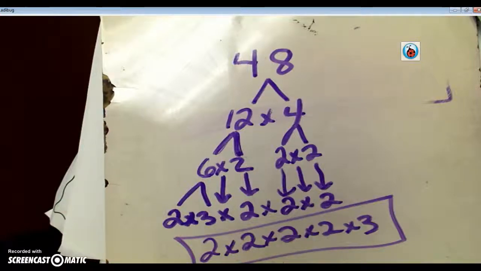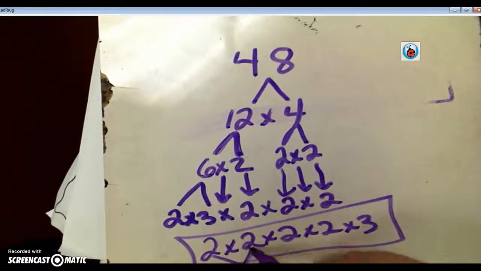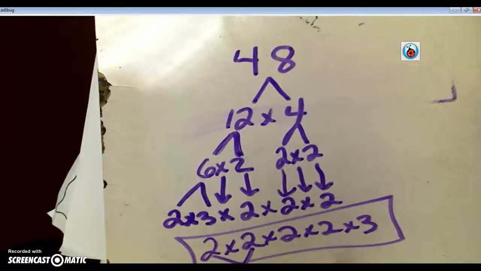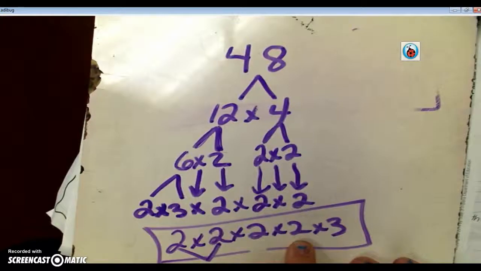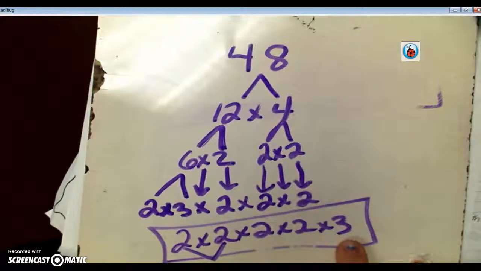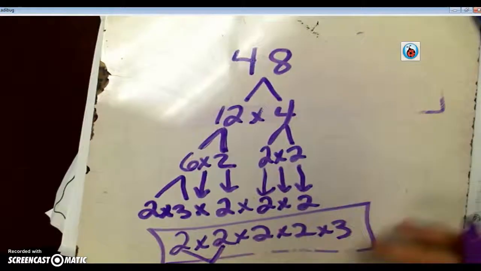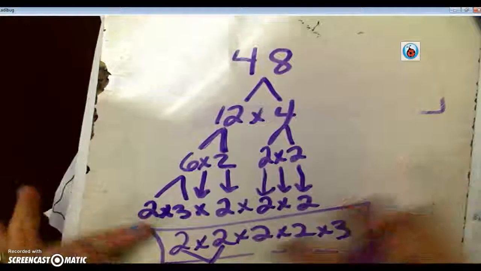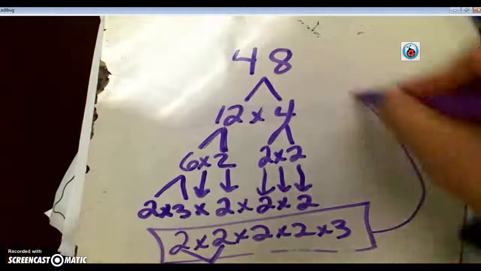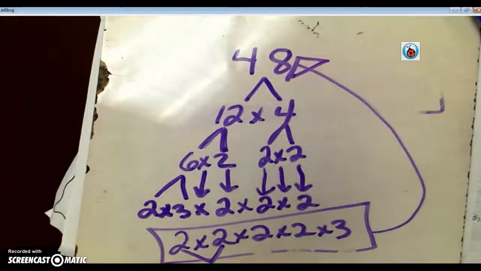She's a genius. If I take 2 times 2, I get 4 times 2, 8 times 2, 16 times 3. You may not know off the top of your head, but it is 48. So when you break this down to these bottom figures, you should be able to multiply them out, and it will give you the original number you started with.